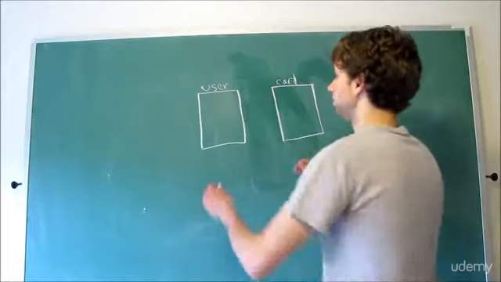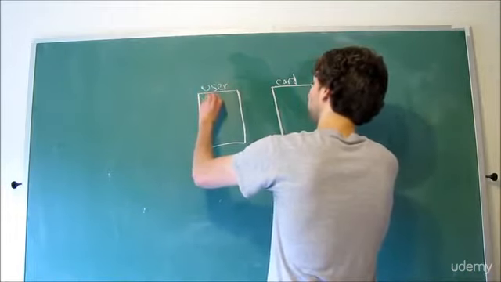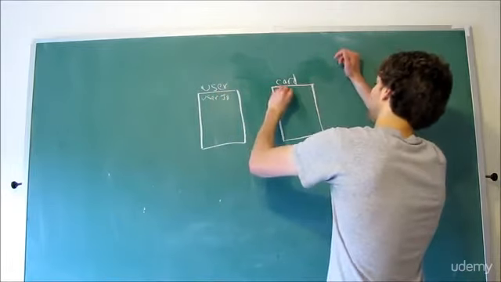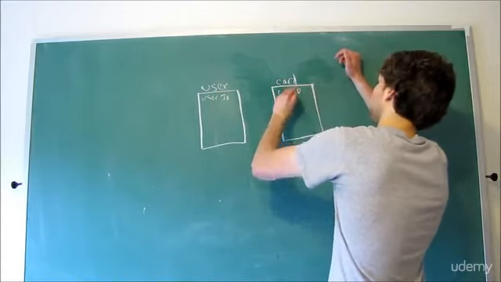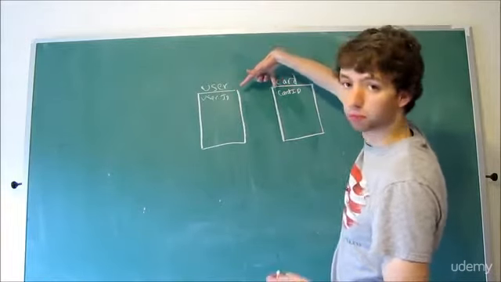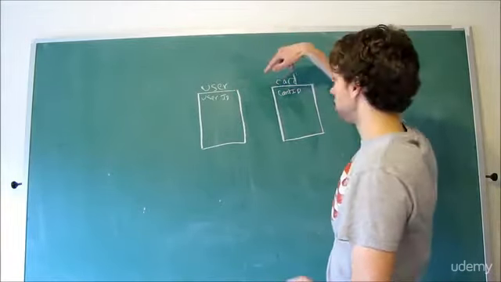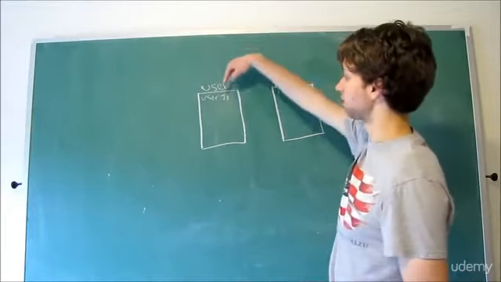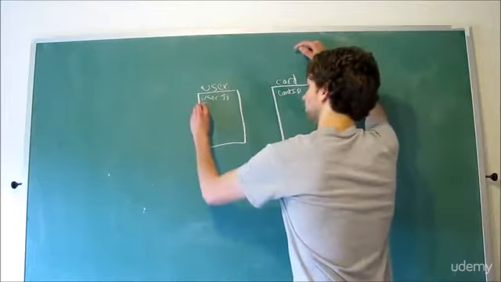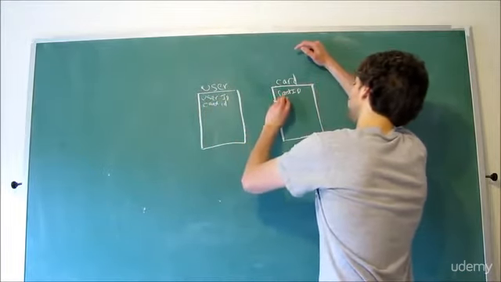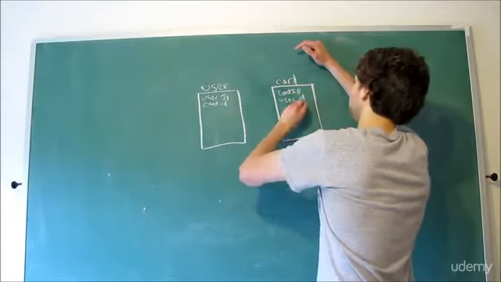We have the user ID, and then we have a card ID. And then to connect these as a one-to-one relationship, we have a foreign key, so we put a connection with the card ID in the user table, the user ID in the card table. So card ID, user ID.